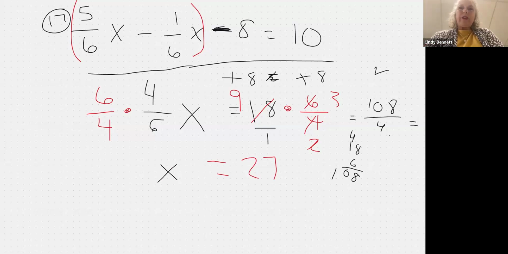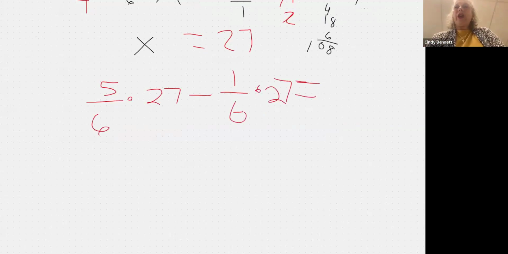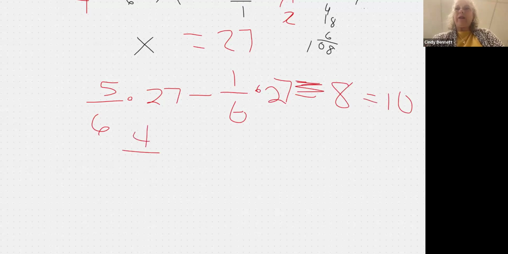1 over 6 times 27 minus 8 equals 10. Too much talking over there. So that would be 4 over 6 times 27 minus 8 equals 10.